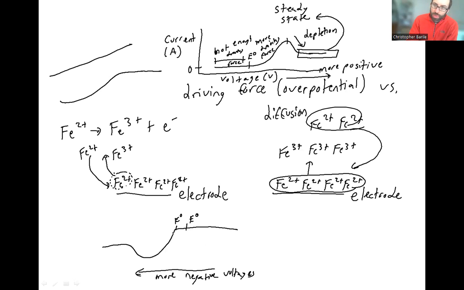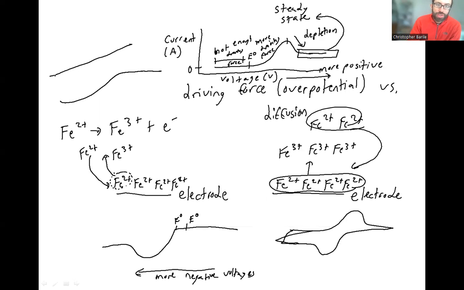But once we get enough overpotential, now more negative than our E naught, we're able to start that reaction. We go more and more negative, more and more driving force. Then we reach a part where we have depletion controlled by diffusion. And then we reach a steady state current due to the equilibrium of products coming out and reactants coming in. And then, of course, if we put these together, we have the typical duck-shaped CV that we all know and love. And that's how it looks together.